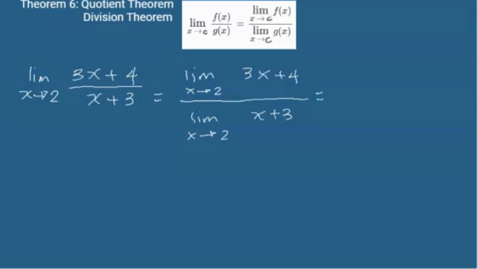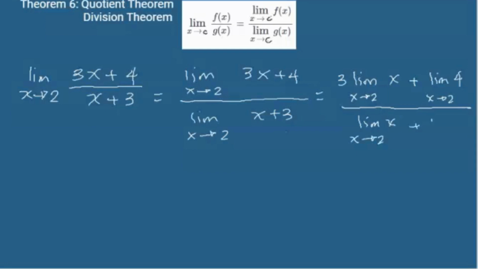For the first one, we'll have 3 times the limit of x as x approaches 2 plus the limit of 4 as x approaches 2, divided by the limit of x as x approaches 2 plus the limit of 3 as x approaches 2.